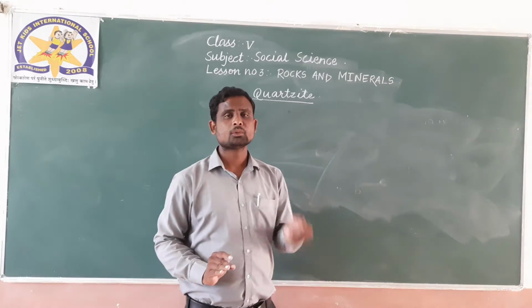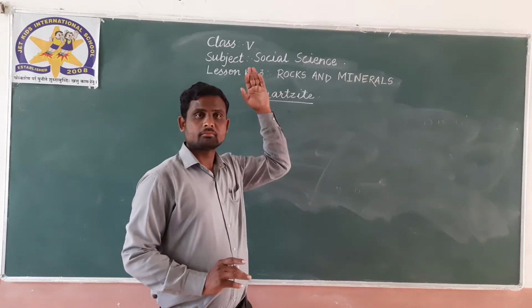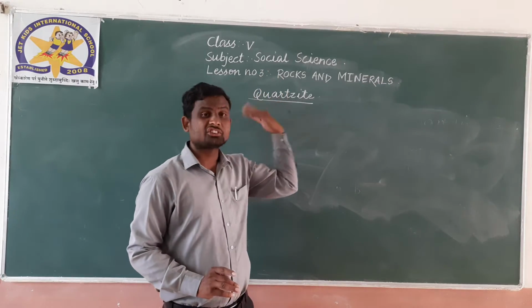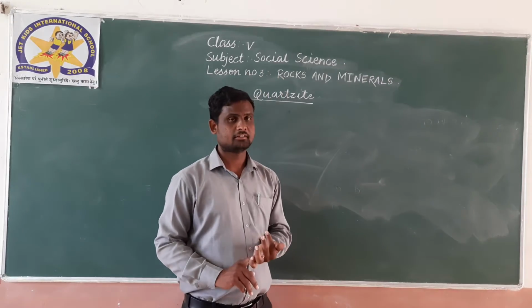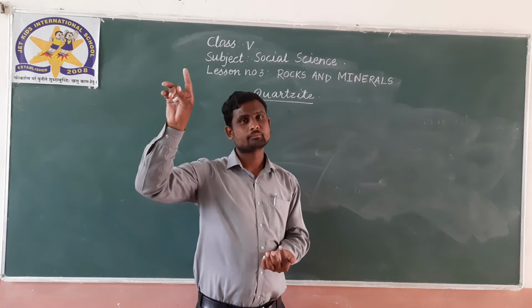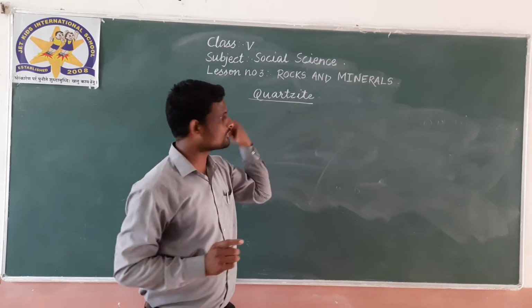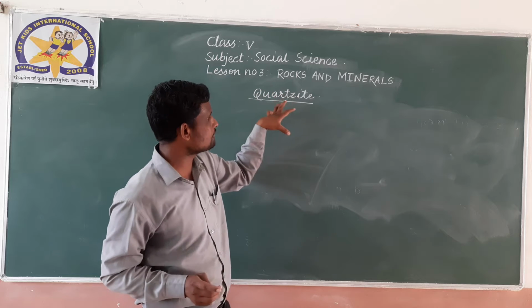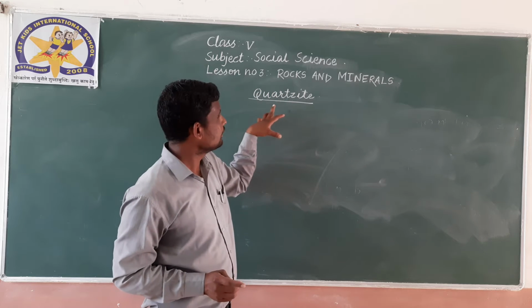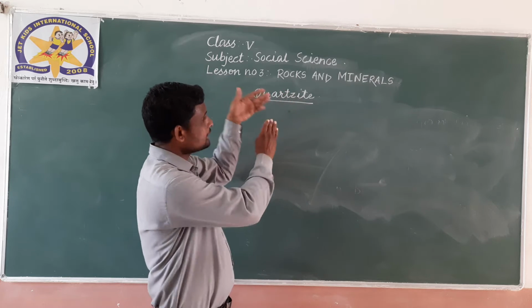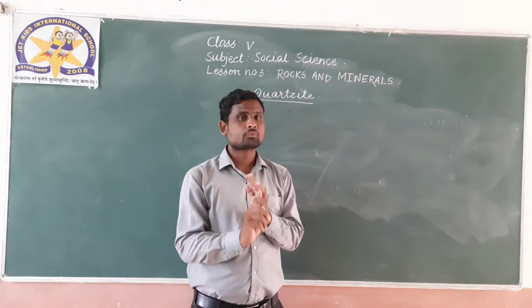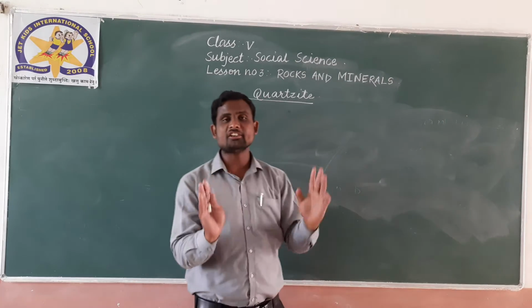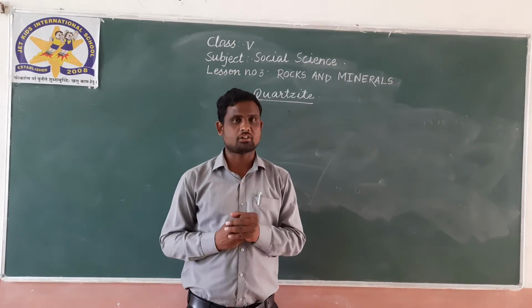A little while ago we saw that slate is formed from what? Slate is formed from shale. After that, quartzite is formed from what? Quartzite is formed from sandstone, and sandstone is a sedimentary rock.